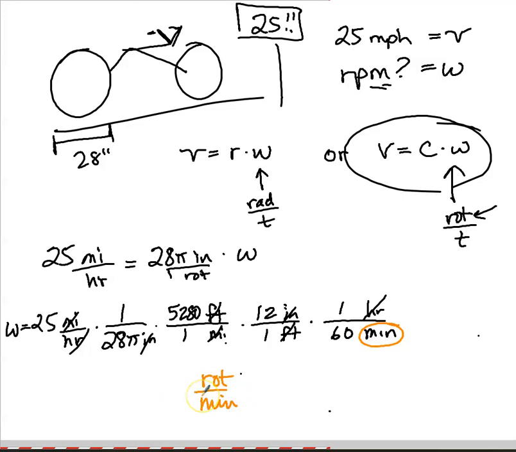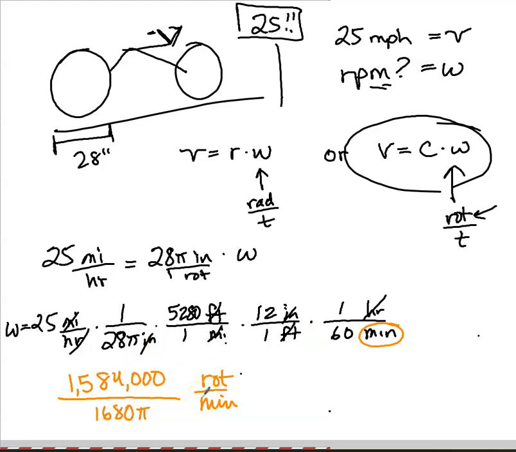And let's see what we get. On top, I have 25 times 5,280 times 12. Ooh, it's a big number. 1,584,000 rotations per 28 times 60. Don't lose your pi. That's important. Pi.